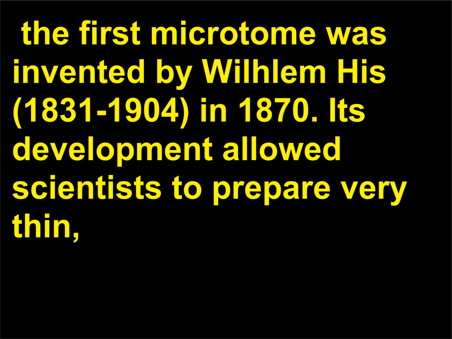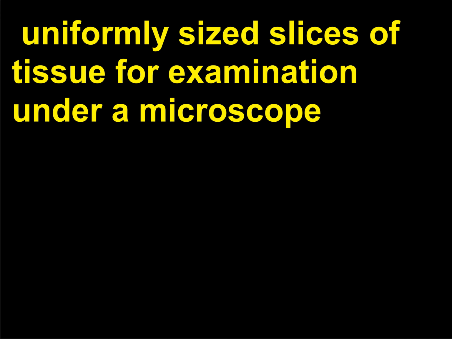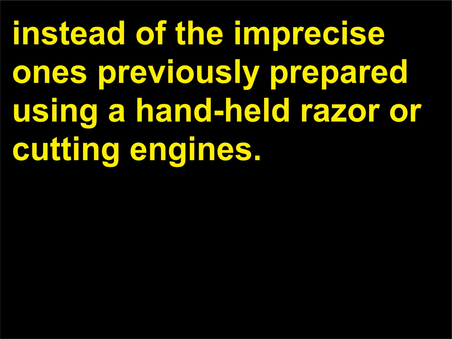Its development allowed scientists to prepare very thin, uniformly sized slices of tissue for examination under a microscope, instead of the imprecise ones previously prepared using a handheld razor or cutting engines.